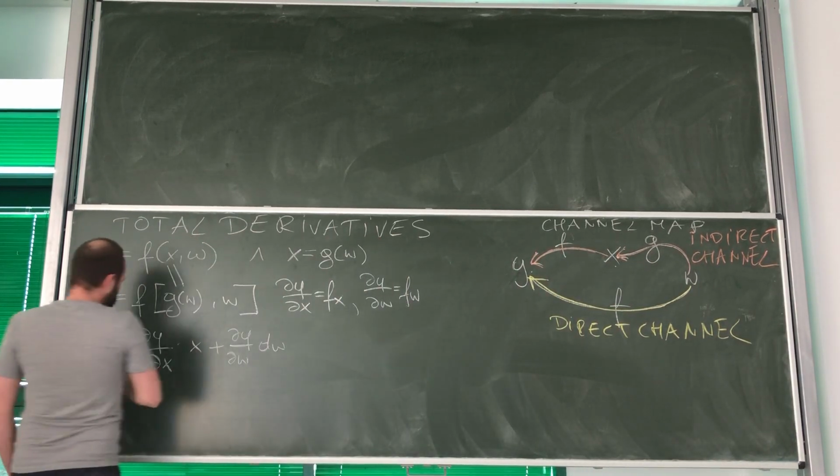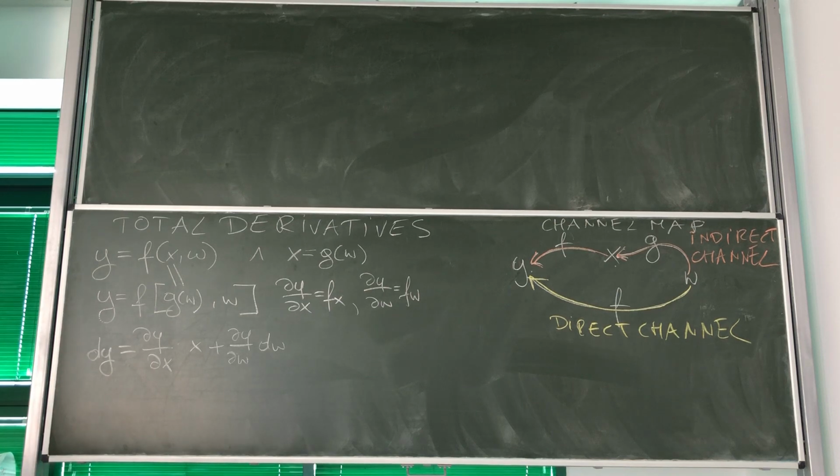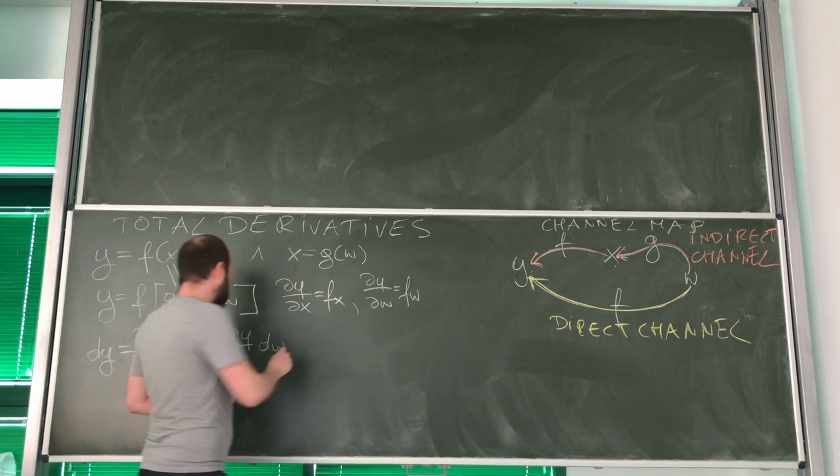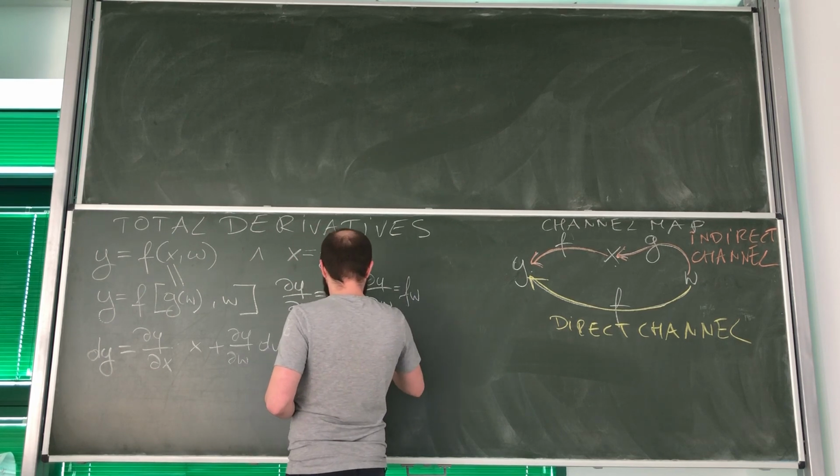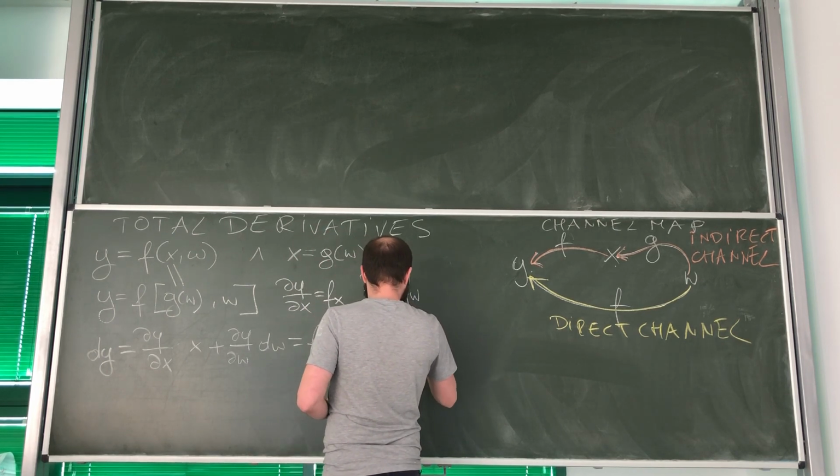Okay, so let me rewrite this in the new form. So we will have that this is fx dx plus fw dw.